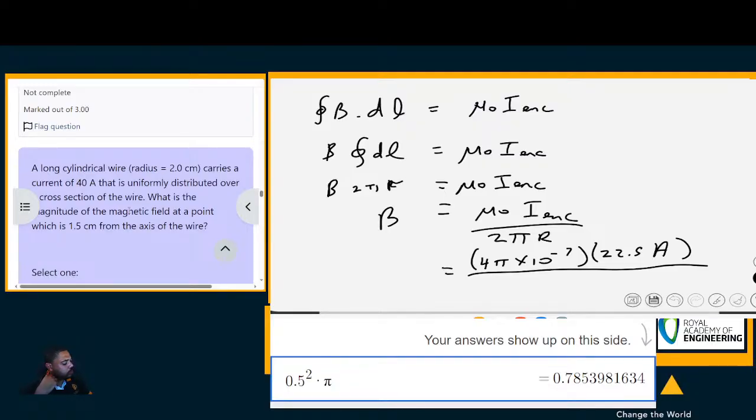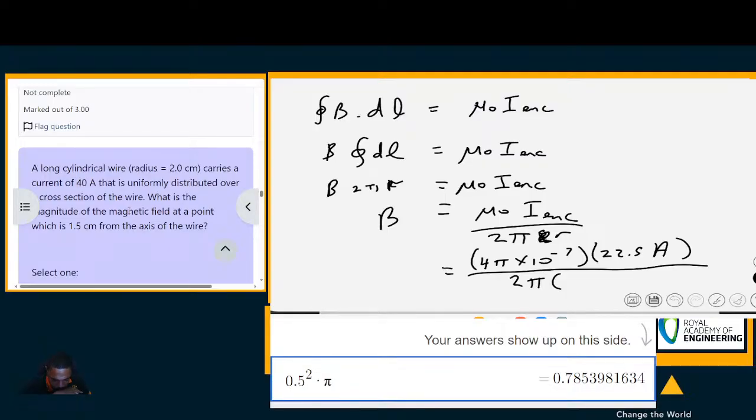So that's not big R. 2 pi times small r, which in this case is, or is it big R? Let me check. It's the circumference of the whole circle, right?